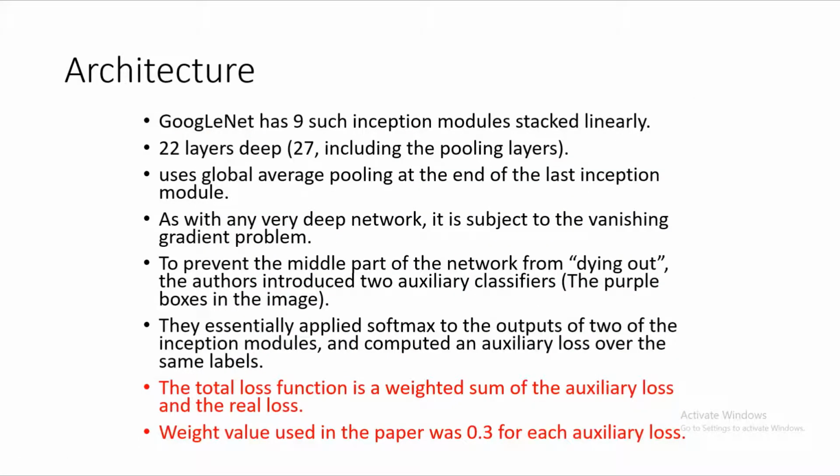They essentially applied softmax to the outputs of two inception modules and computed an auxiliary loss over the same labels, and the total loss function is a weighted sum of the auxiliary loss and the real loss, and the weight value used in the paper was 0.3 for each auxiliary loss. So the loss function is calculated by considering the auxiliary loss as well.